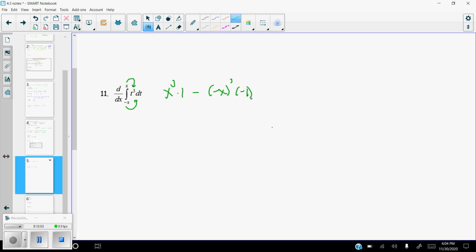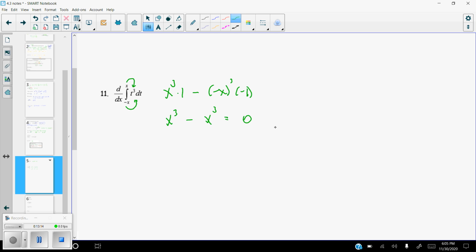So there's a lot of negative signs rolling around here. So really what we get is x cubed minus negative x cubed, which is still negative x cubed, times a negative 1 is positive x cubed. So really what I have is x cubed minus x cubed, which is 0.